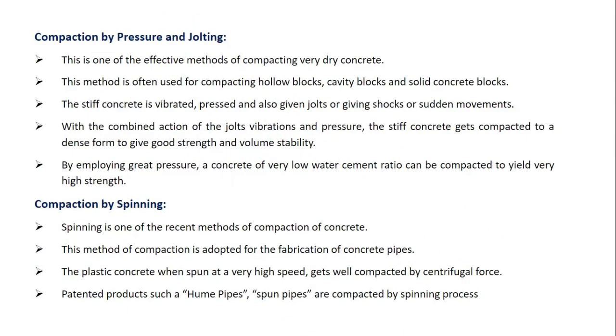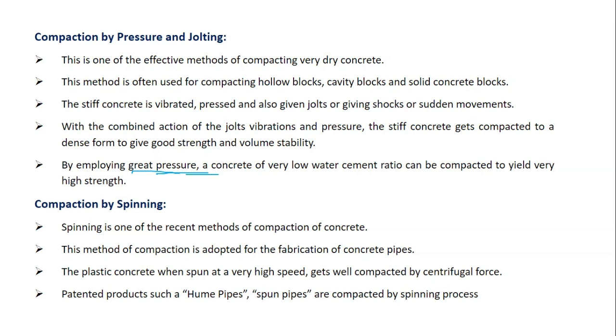So in pressure and jolting, compaction by pressure and jolting, what we do is we apply pressure in order to compact the concrete. When we apply pressure on the concrete, the pressure will lead to the removal of the entrapped air present in the concrete.